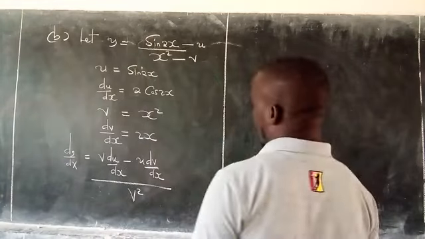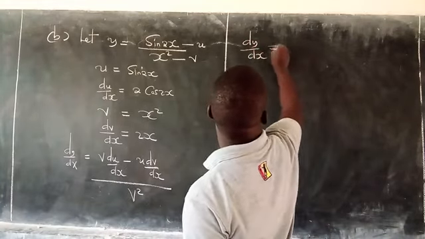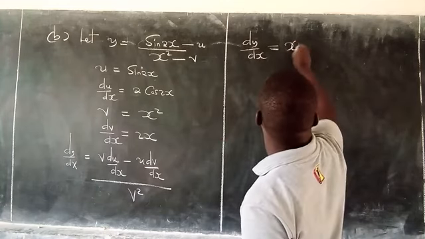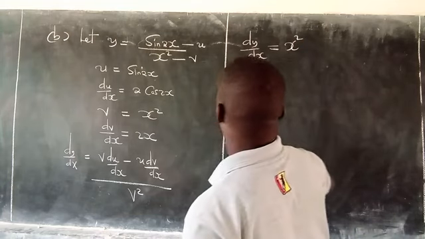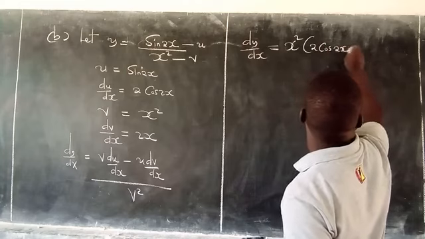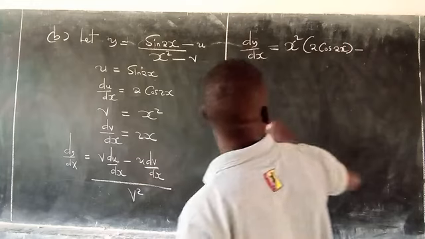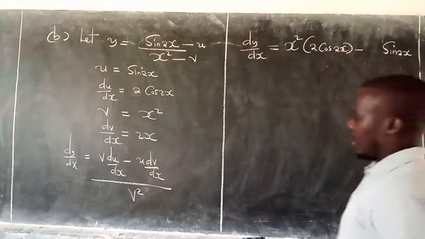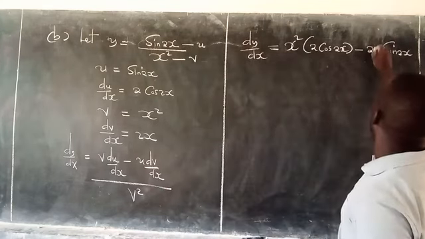From this level, we can do the substitution so that we have dy/dx is equal to our v, which is x squared, and our du/dx, which is 2 cos of 2x, minus u, but our u is sine 2x, and our dv/dx is 2x. So I'll have 2x there.